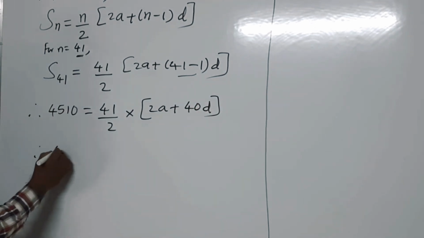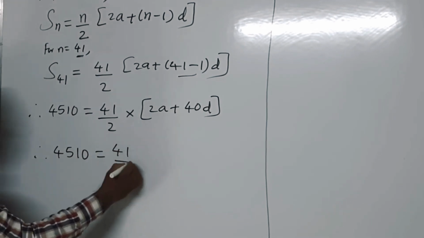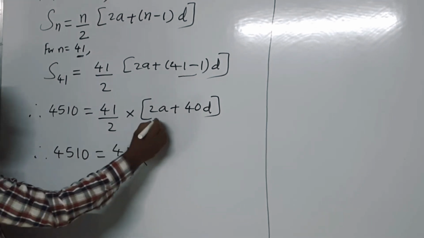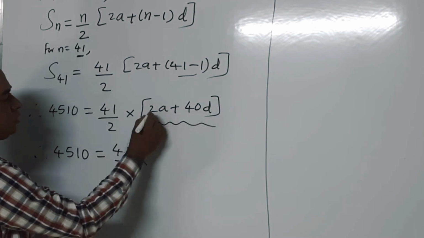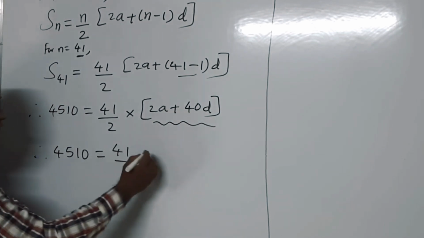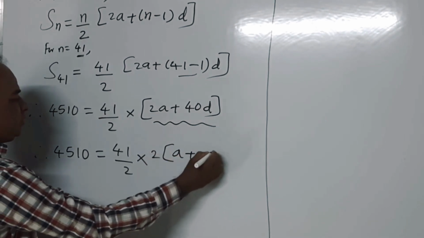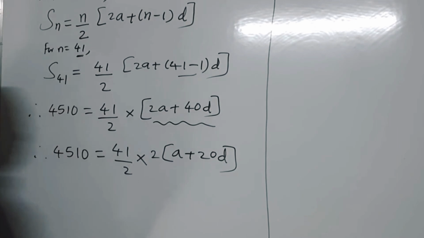Now 4510 is equal to 41 upon 2 into, you can take 2 common in the bracket, a plus 20d.